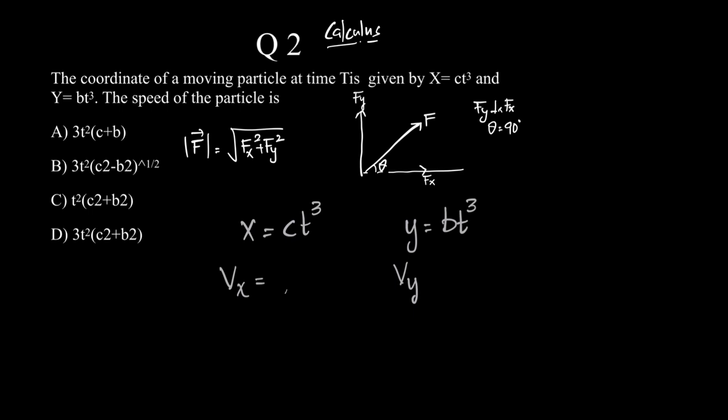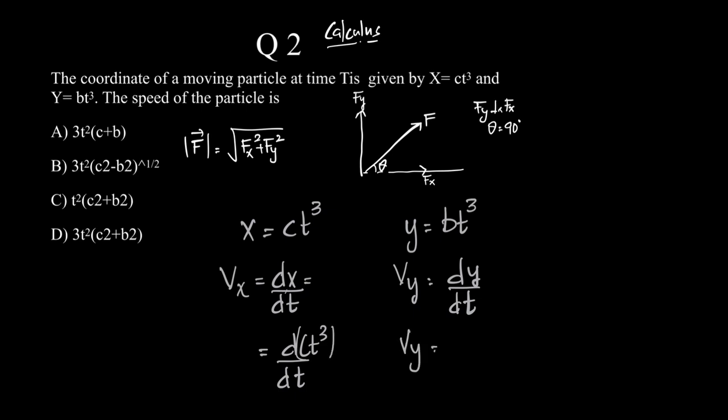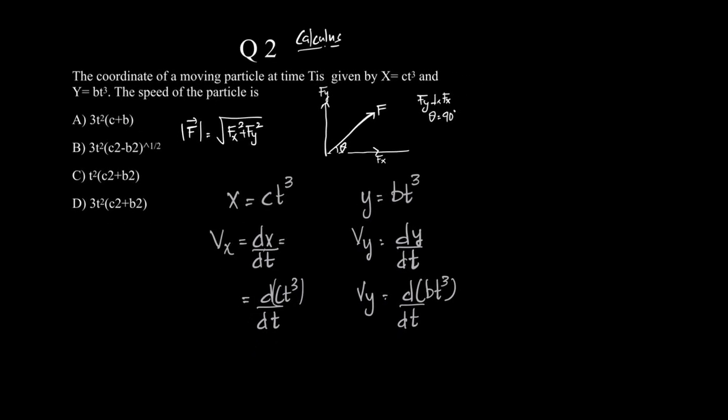Vx will be equal to d by dt of x, and Vy will be equal to d by dt of y. What is x? x is ct cube, and what is y? y is bt cube, right?